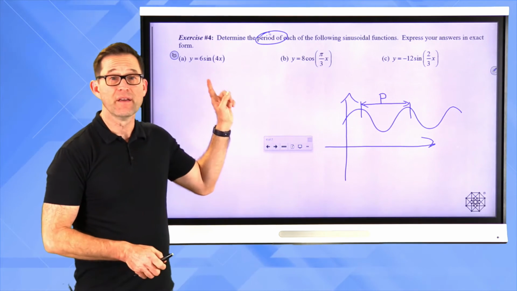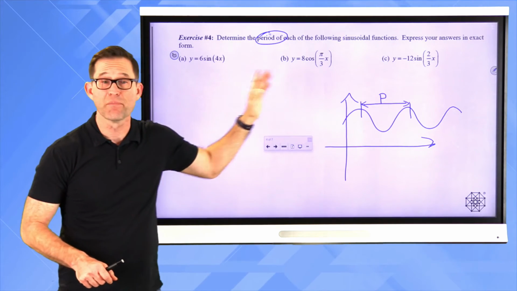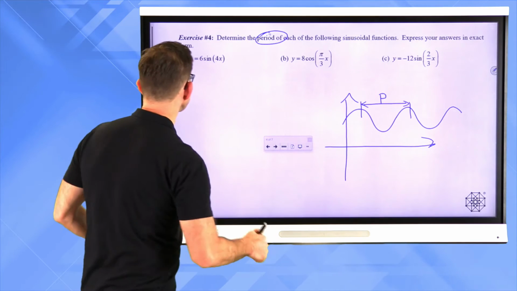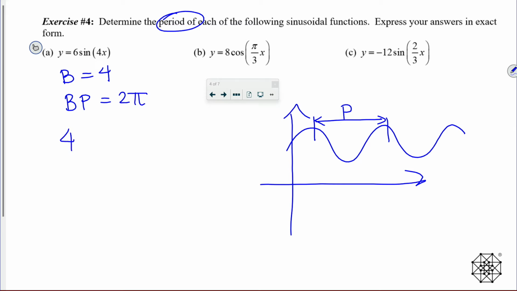The B is simply whatever's multiplying the x. So in this case, we know that B is equal to 4. And we know that B times P is equal to 2 pi. So 4 times the period is equal to 2 pi.